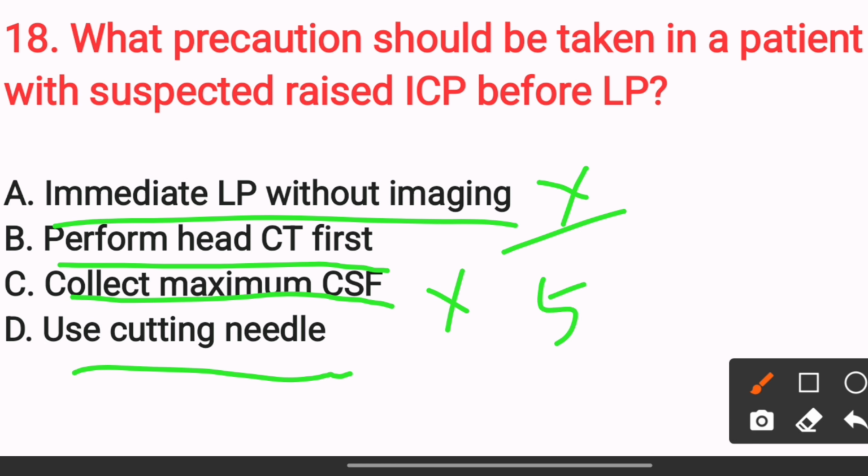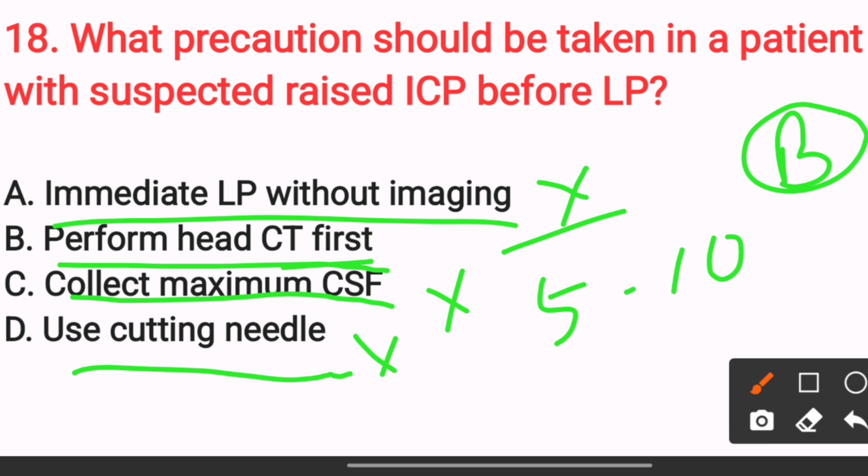No need. 5 to 10 ml is enough for any investigation. Use the cutting needle? No. The answer will be option B. Perform head CT first. That will be good for the patient, because LP in raised ICP can cause brain herniation. If we do the imaging, then we ensure the patient will be safe.